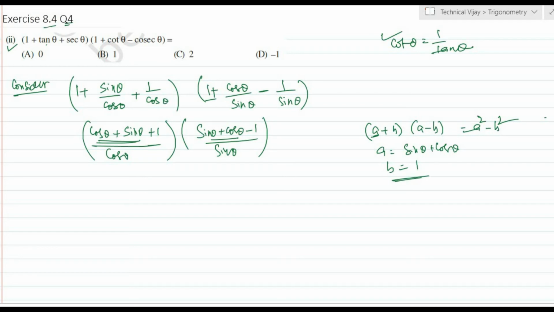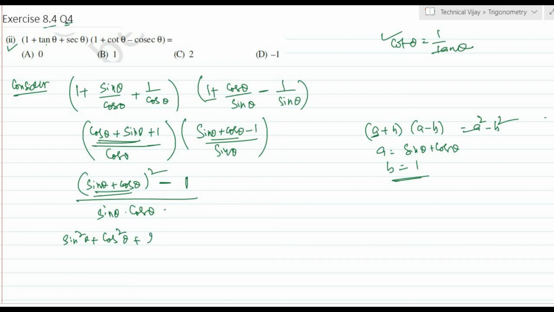So a square means (sin theta plus cos theta) whole square, minus 1, divided by sin theta into cos theta. So (a plus b) whole square gives sin square theta plus cos square theta plus 2 sin theta into cos theta, minus 1, divided by sin theta into cos theta.